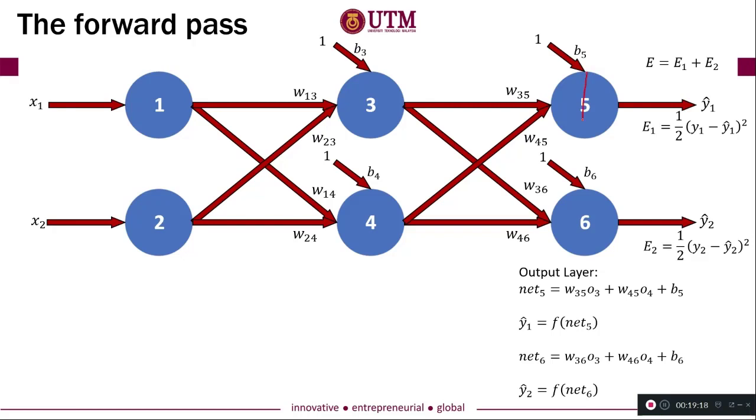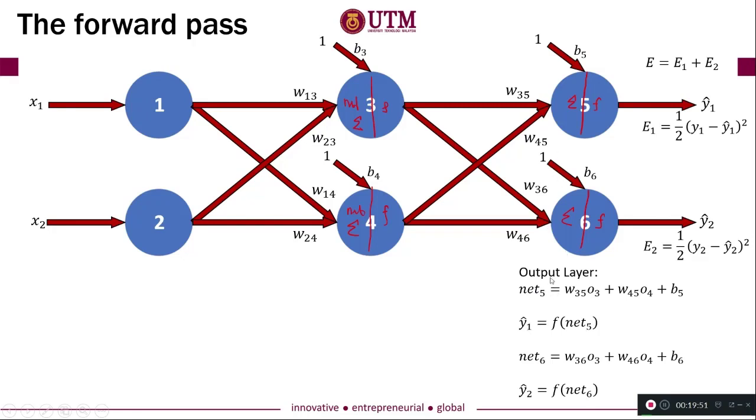It should be: this is a net, this is F, this is net, this is F. Net is the variable, we can also use summation. It's the same thing happening, meaning you have two expressions, two functions there. This one is an input function, this one is the activation function.